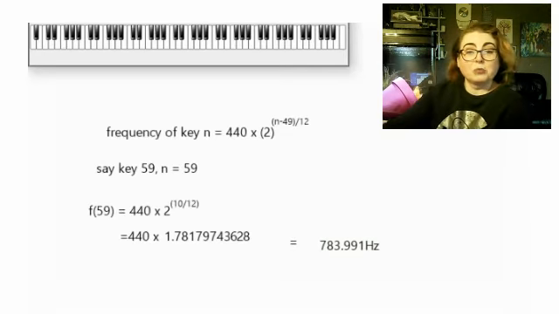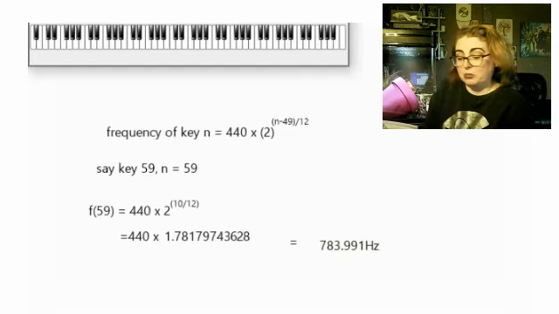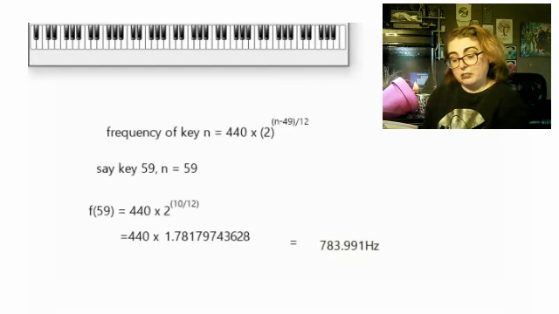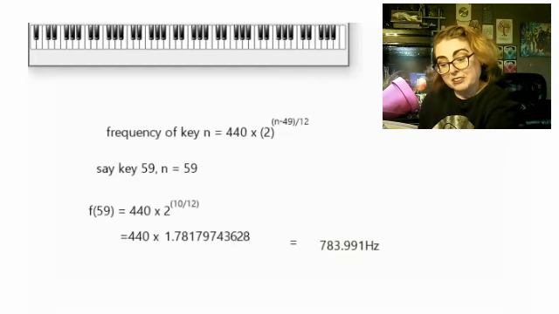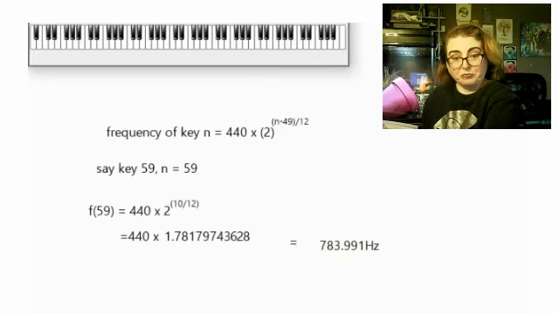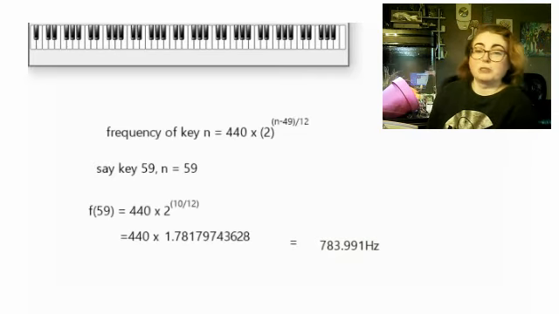And it would work the same for any other key. Say key 5. Well, 5 minus 49 would make minus 44. So it would be 2 to the power minus 44 divided by 12.